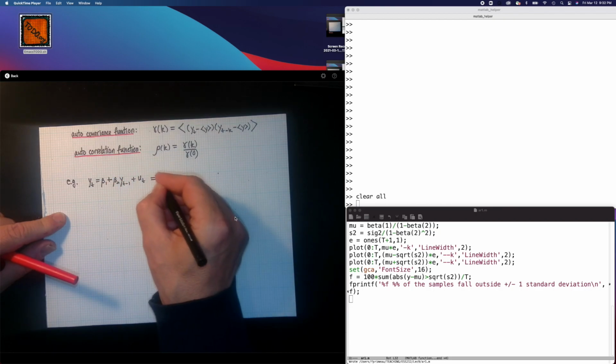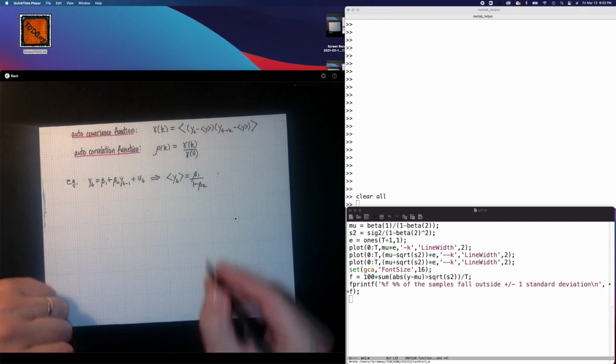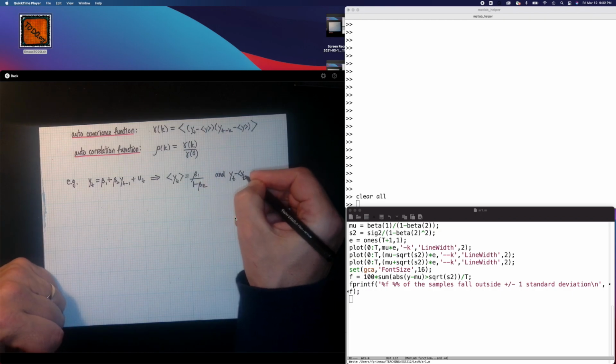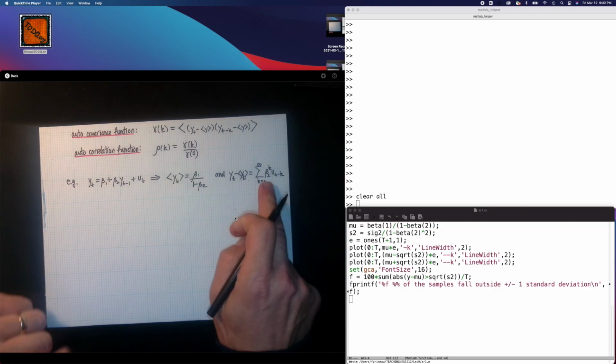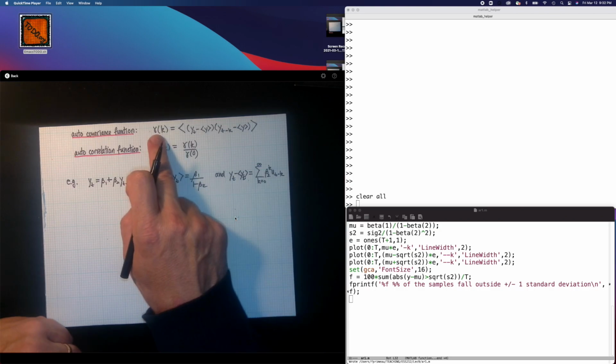And we found, so from this, we can evaluate the autocovariance function for this process.